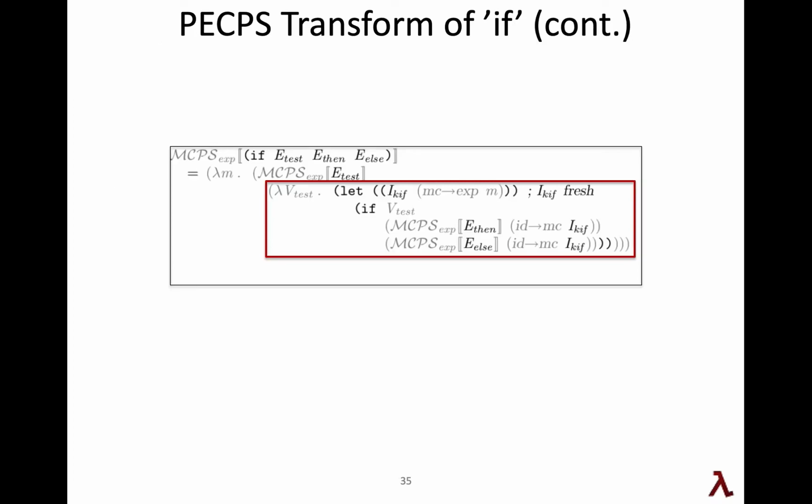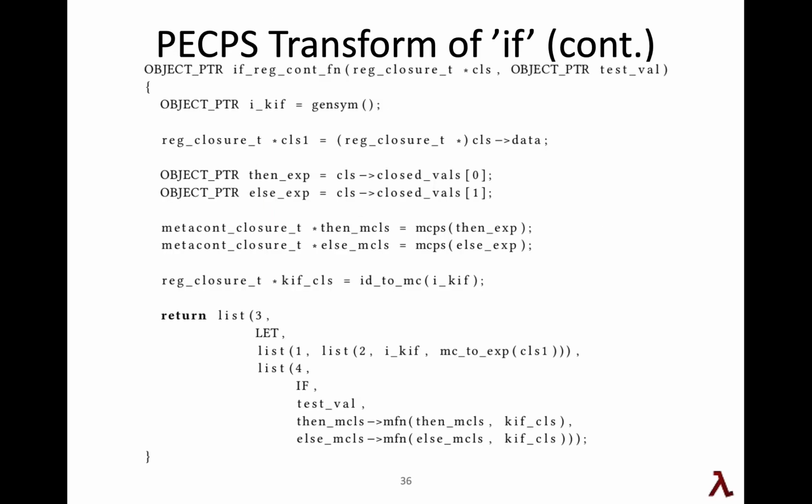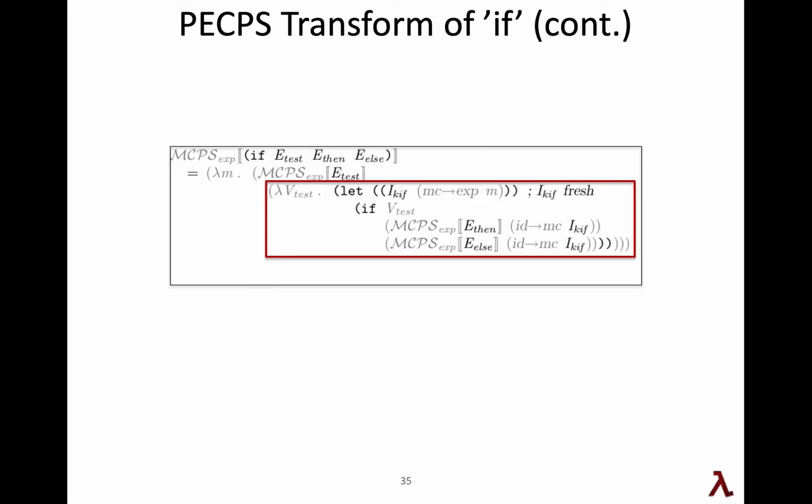So finally we come to the small M closure, which is indicated in abstract form by the code snippet in the red rectangle, and the implementation is shown here of the function if_reg_cont_fn. So here is where the actual building of the expression that will be deferred till runtime happens.